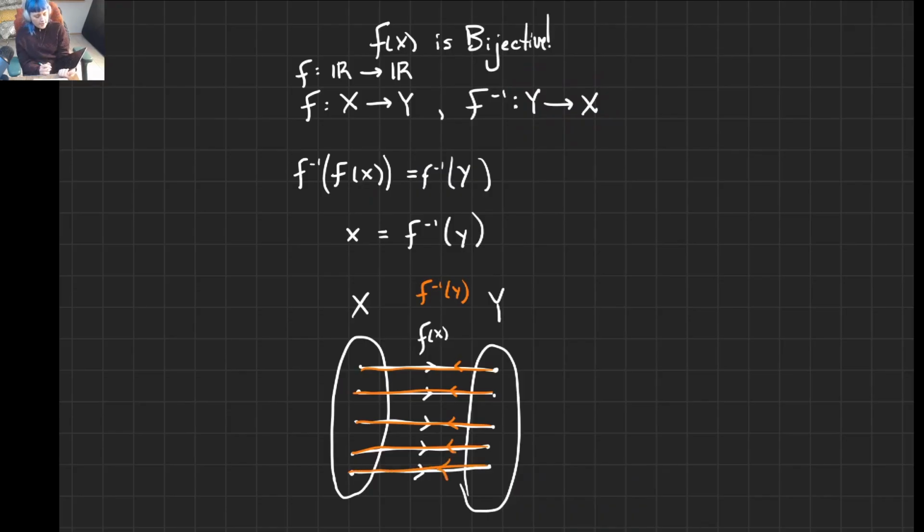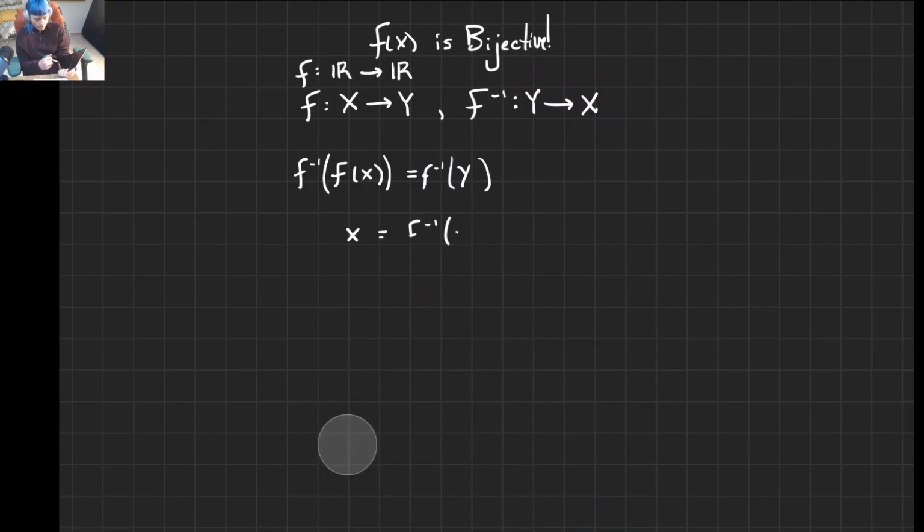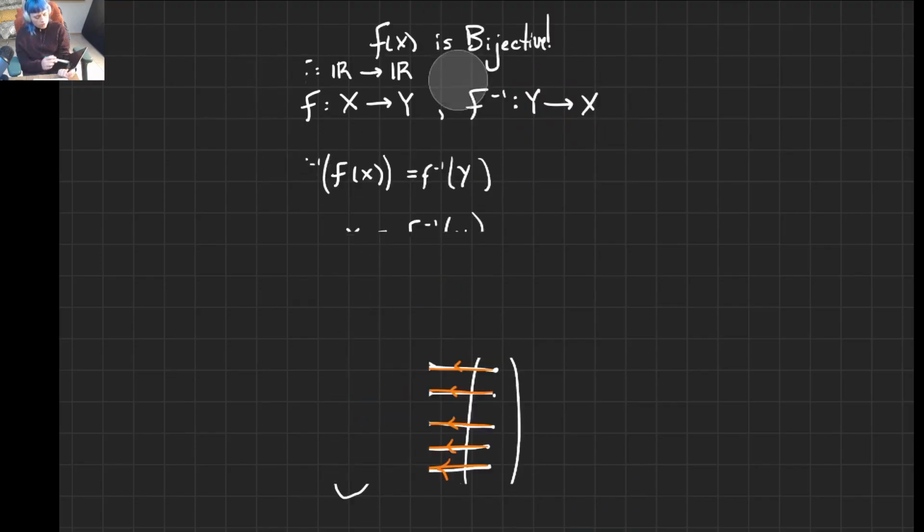So let's go ahead and take a look at just a function, and we will determine if it is a function, if it's bijective, and if it is, then what is the inverse. So let's do f of x is equal to x squared.